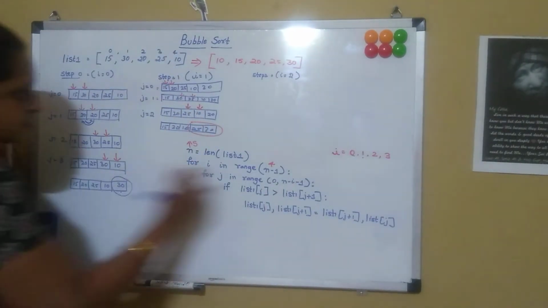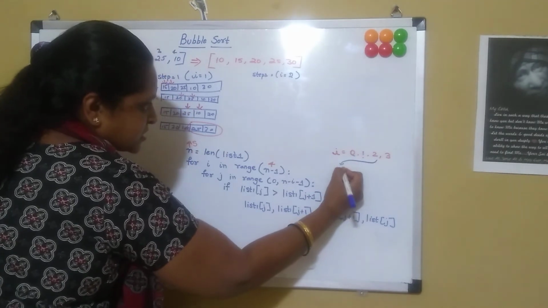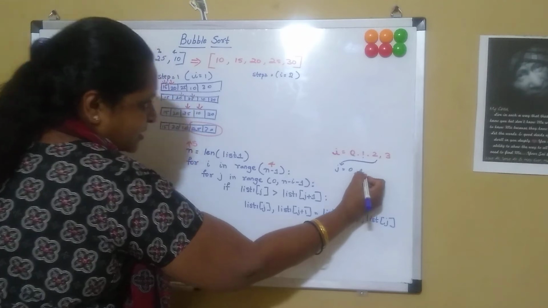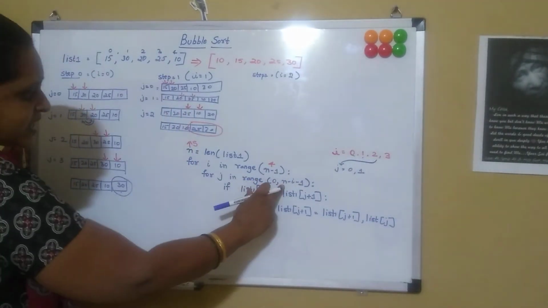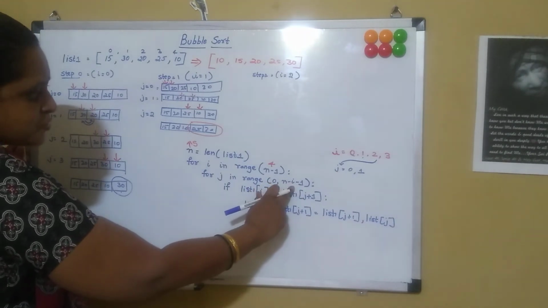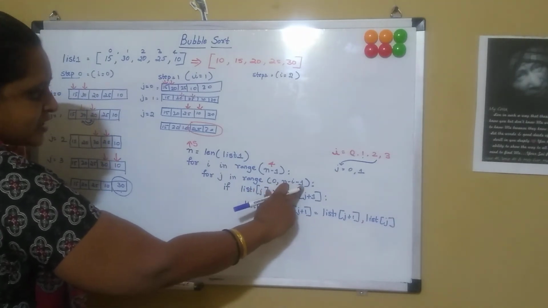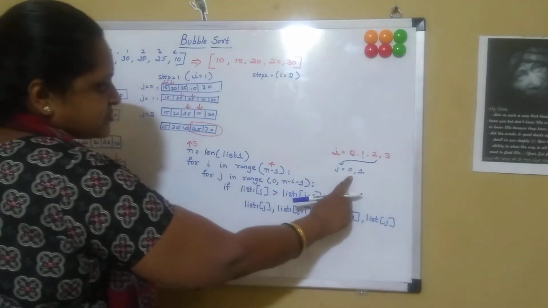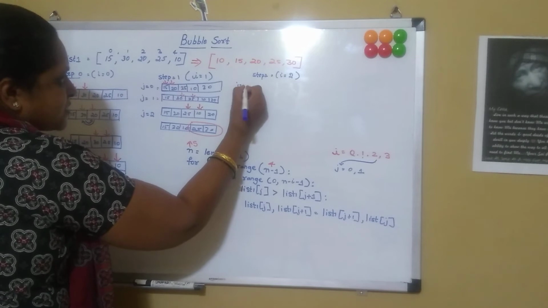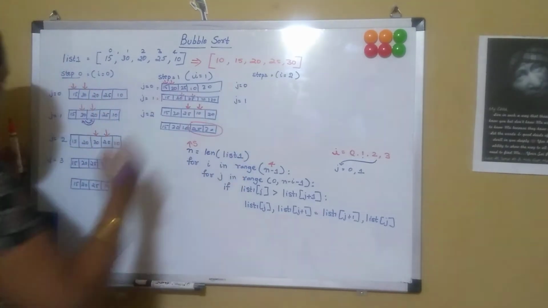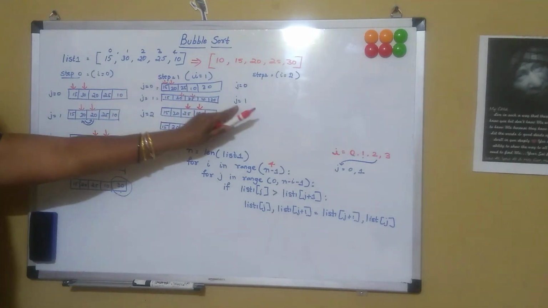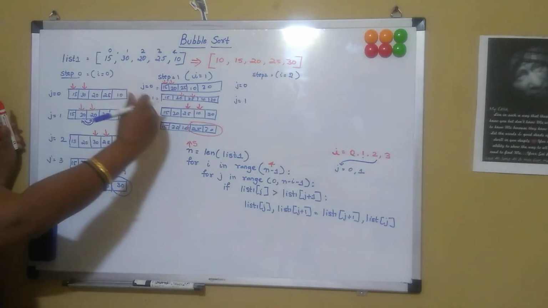For i equal to 2, j ranges from 0 and then 1, because n is 5. 5 minus 2 minus 1. 5 minus 2 is 3. 3 minus 1 is 2. So it will range from 0 to 1. So in this step, it will have j equal to 0, j equal to 1. Initially j went till 3, then it became 2, then it has become 1. So it has been decreasing by 1 value.